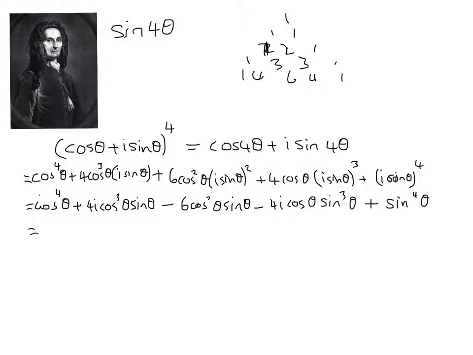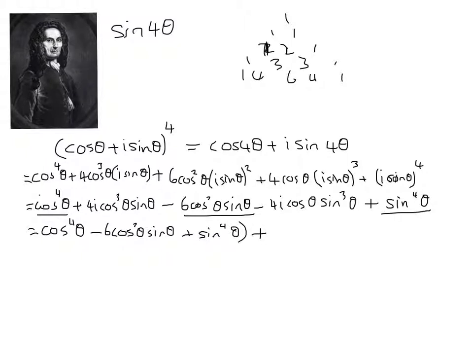Okay, let's organise that into real and imaginary. Cos to the 4 theta, that's real, this is real, minus 6 cos squared theta sine theta, and this bit on the end is real, plus sine to the 4 theta. Plus there's the imaginary bits, i times 4 cos cubed theta sine theta minus 4 cos theta sine cubed theta.